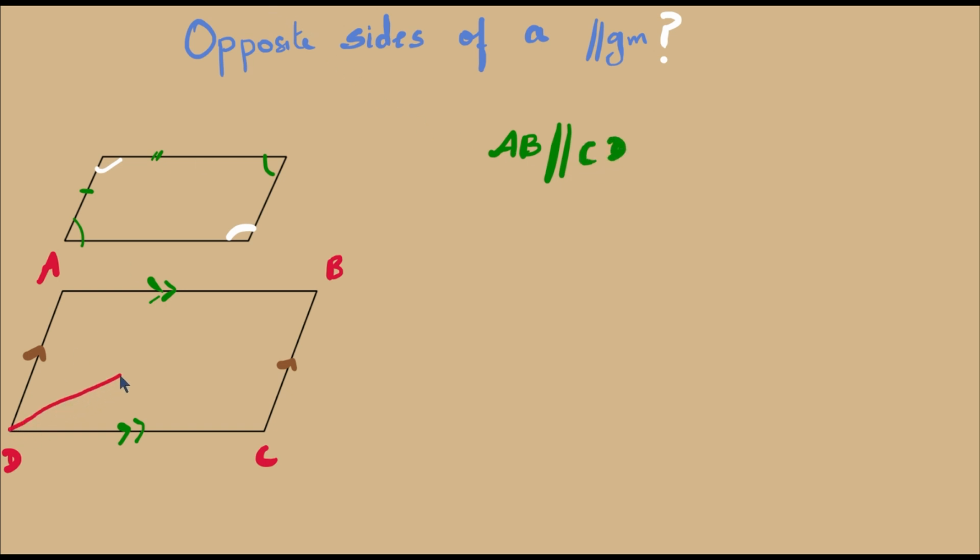A diagonal is nothing but a line which connects the opposite vertices, or I can say the non-adjacent vertices. So BD is the diagonal, and for our purpose, BD is the transversal. So exploring any property of parallelogram, we require to apply the properties of parallel lines, because parallelograms are constructed with pairs of parallel lines.